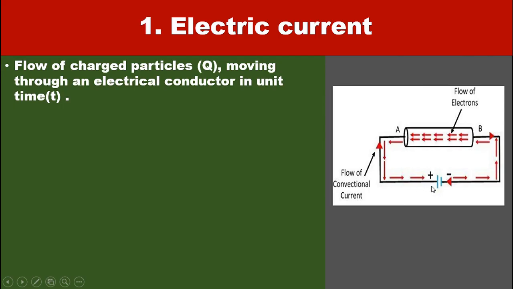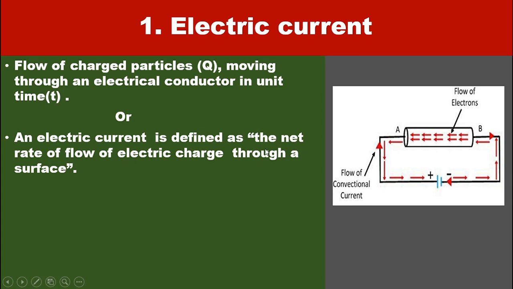They move in this conductor in unit time, that is, in 1 second. This can also be defined as the net rate of flow of electric charges through a surface. From this surface, in 1 second, the number of charged particles flowing through surface A.